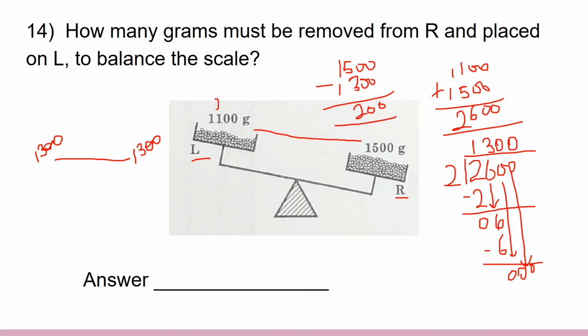So if 200 comes here, this would balance the scale to 1300 on this side, and if 200 is removed here, it will balance the scale to 1300 on this side. So how much must be removed from R to be placed on L? The answer is 200.